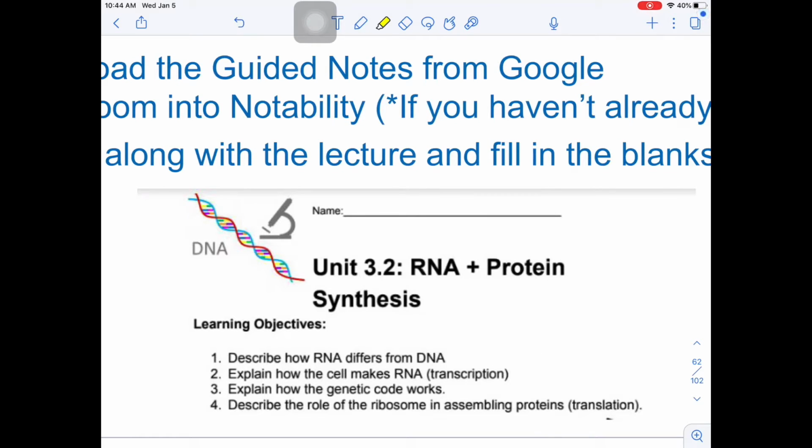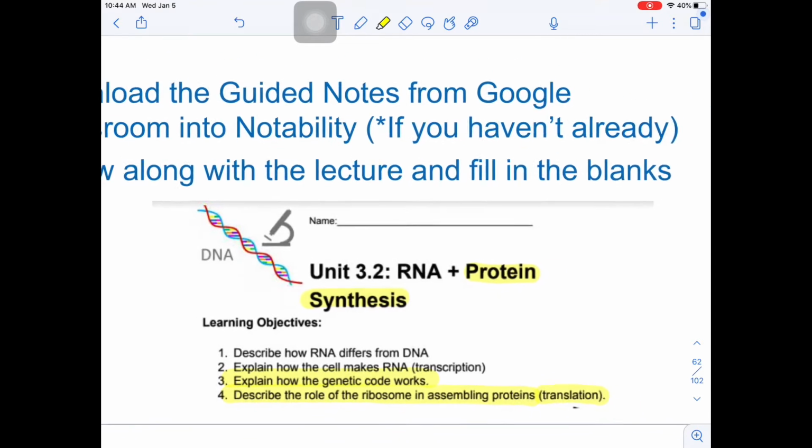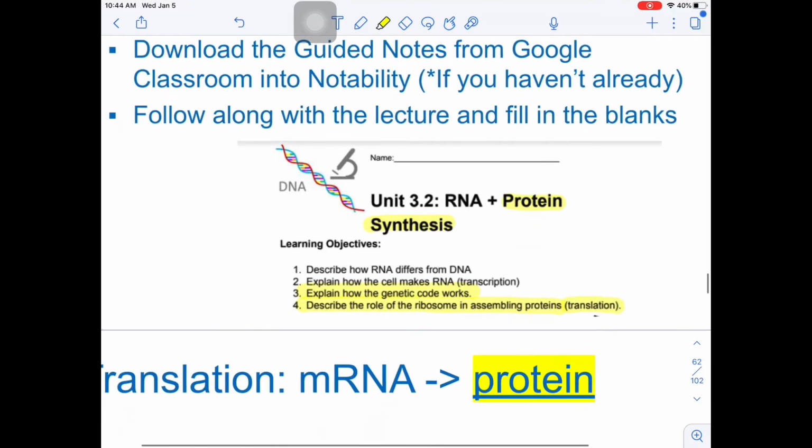Today, we're going to look at the next two, so explaining how the genetic code works and describing the role of ribosomes in assembling proteins, which is the process of translation, or part two of the overall process of protein synthesis. So let's look at what translation is.